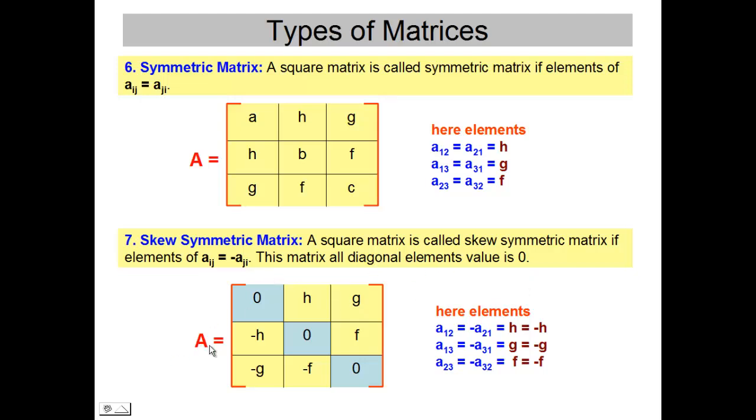This is an example of such a matrix. A12 equals minus A21, which means A12 is h and A21 is minus h. Next, A13 equals minus A31, so g equals minus g. Now A23 equals minus A32, so f equals minus f.